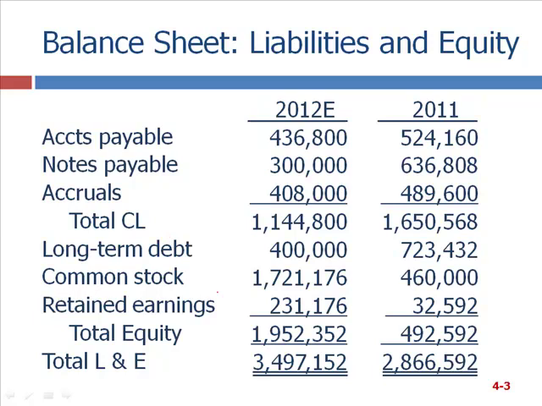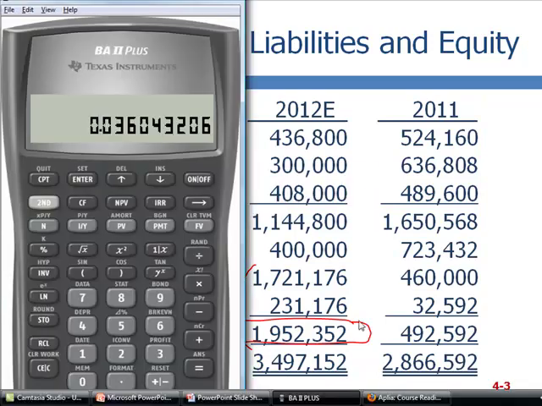Well, shareholders' equity, total equity anyway, we see that that's 1.95 million. So we could go back here and take that number. In fact, we could get our calculator and say 1,952,352 and divide that by the 250,000 shares.